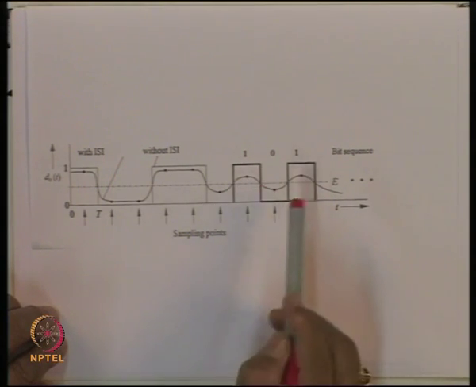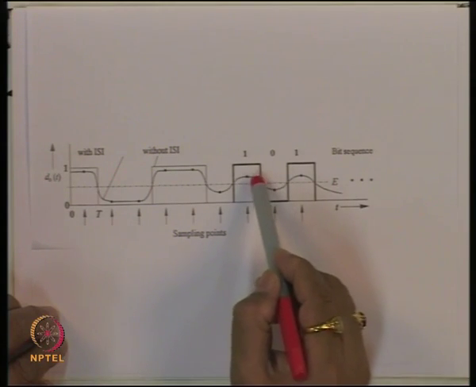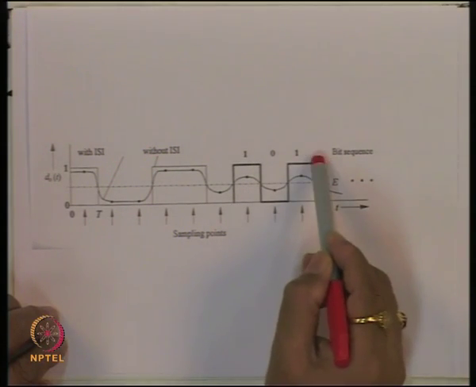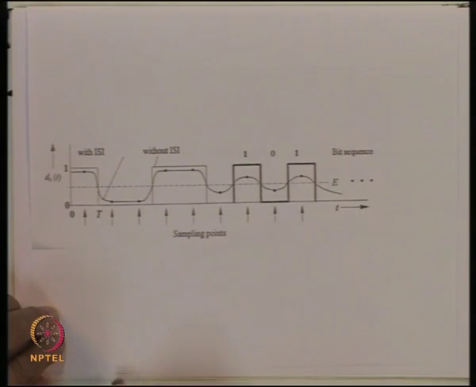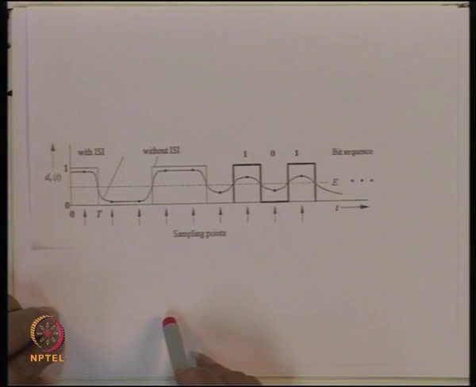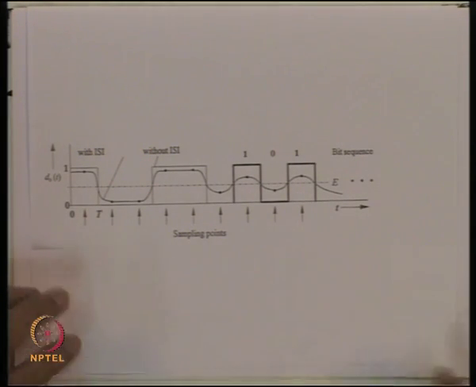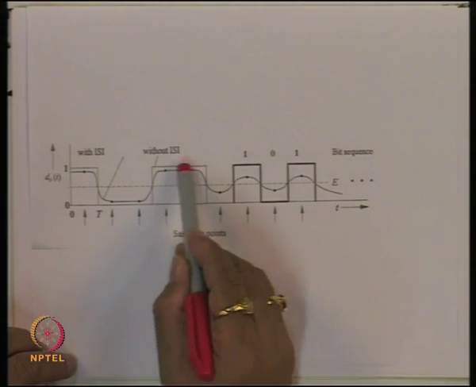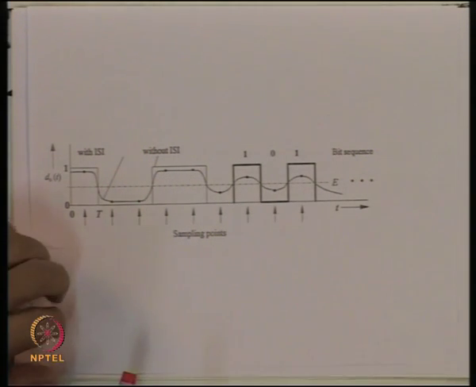So, the signal starts decreasing again. Similarly, before this signal could reach the 0 level, the next bit is coming, so again the signal starts rising and so on. So, actually the signal which we receive from the receiver will look something like this.